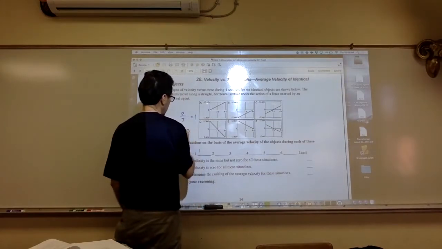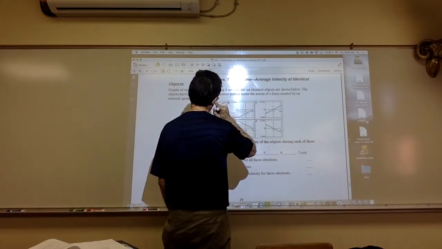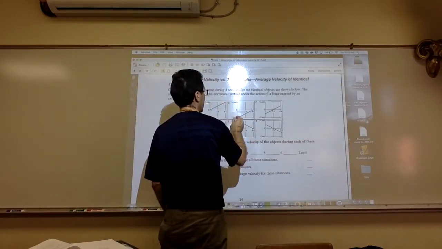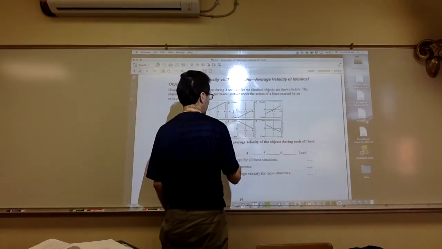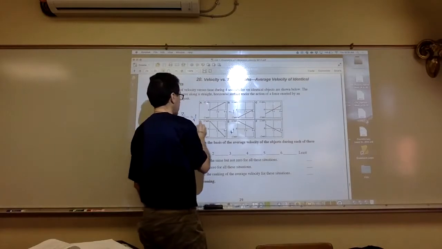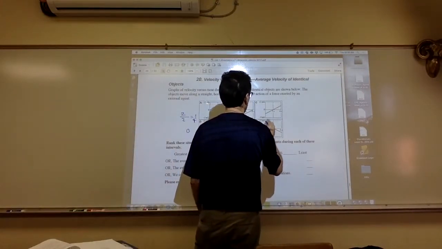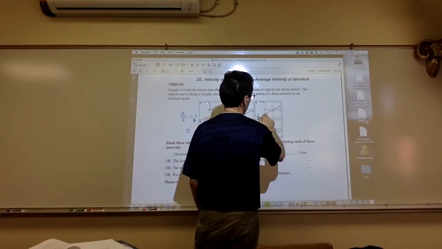This is going to be 0. This one is going to be negative 2 plus 0. So this is going to be negative 1. This guy here is going to be 1, positive. This was positive. This one is going to be this value, which is negative 1 plus, so that's going to be 0.